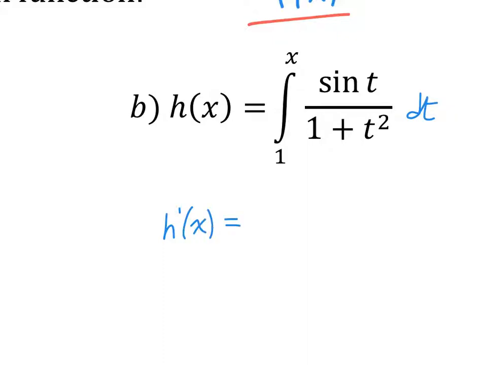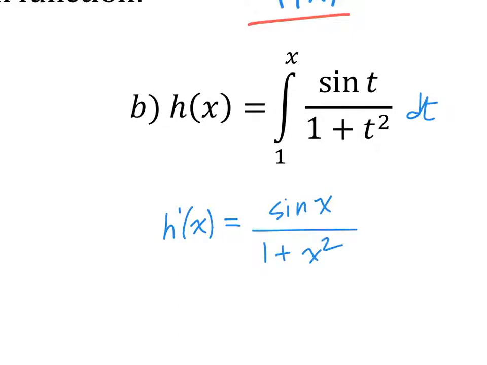This is obviously a very simple question, but what I want you to start doing from now on is look at the limit of this integral. Is it in the right form so I can just substitute? Is the lower limit just a number? Yes. Is the top limit just an x or a t or something like that? Yes. Then just substitute. So this answer is just sine x over 1 plus x squared.